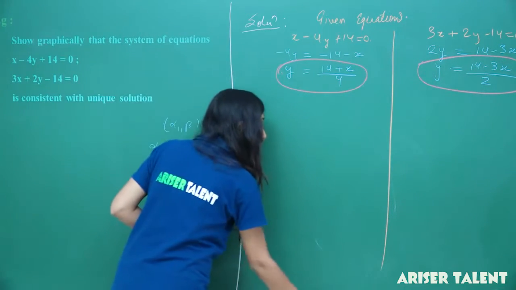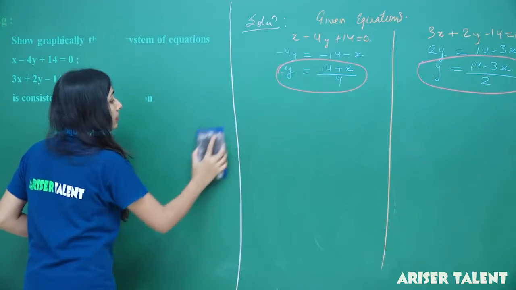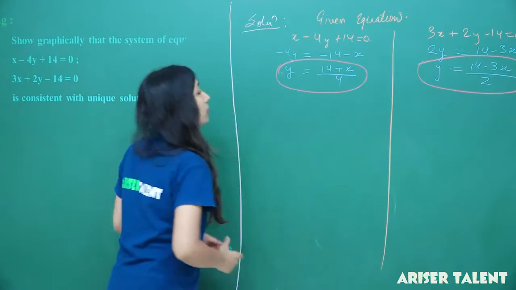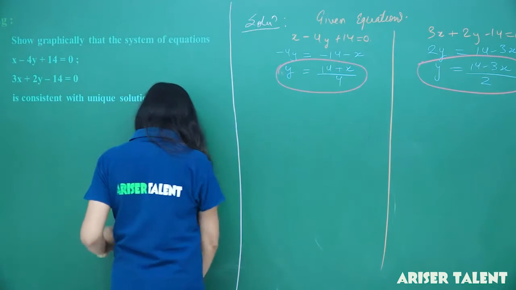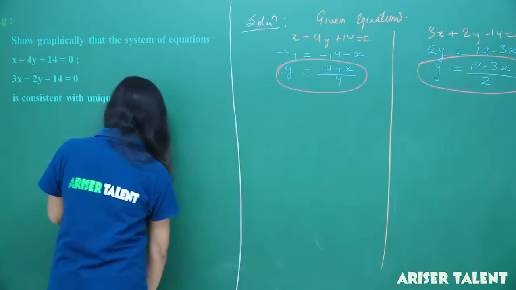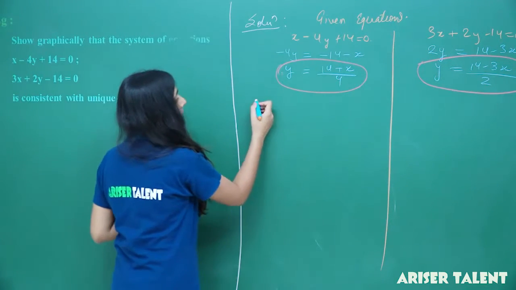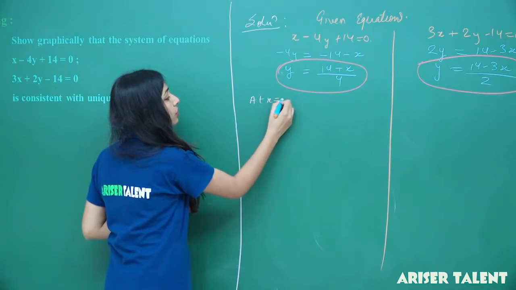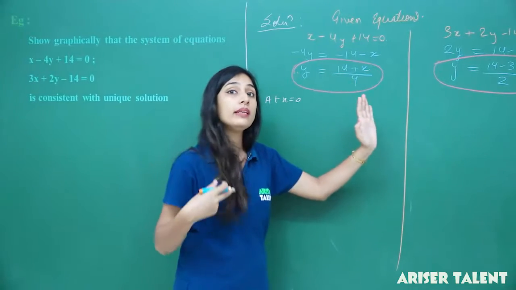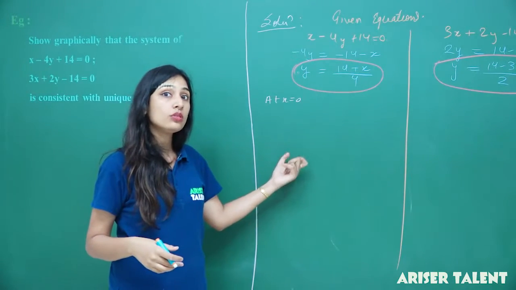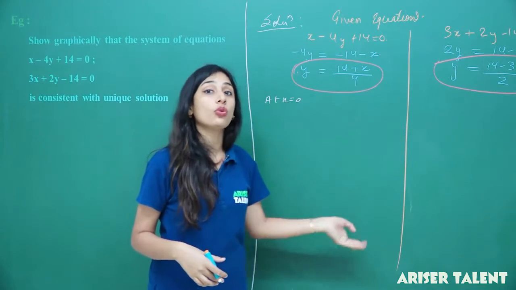Okay, so now I am going to explain this to you, like tell you how to do it, right students? So at x equals 0, I am taking the same values of x here and there, and I'll find out at what x values the values of y are the same for both also, right?